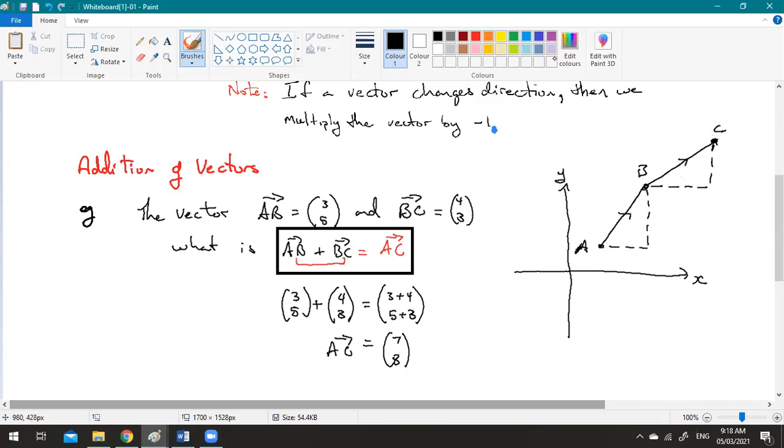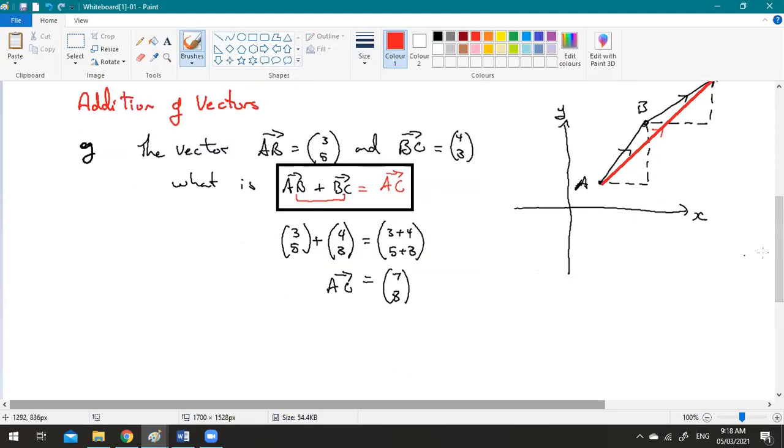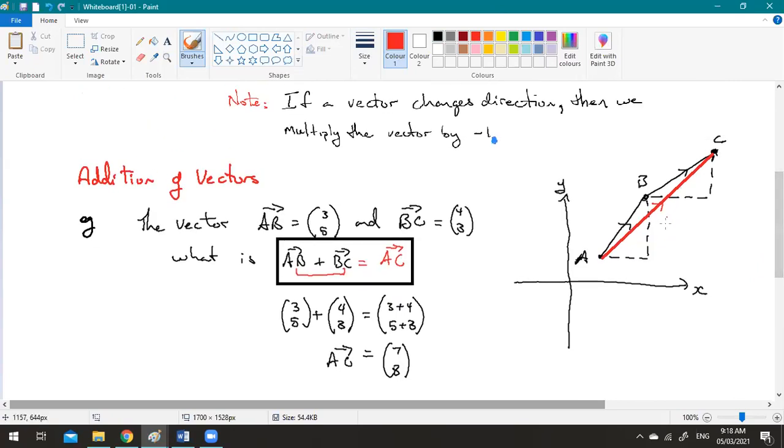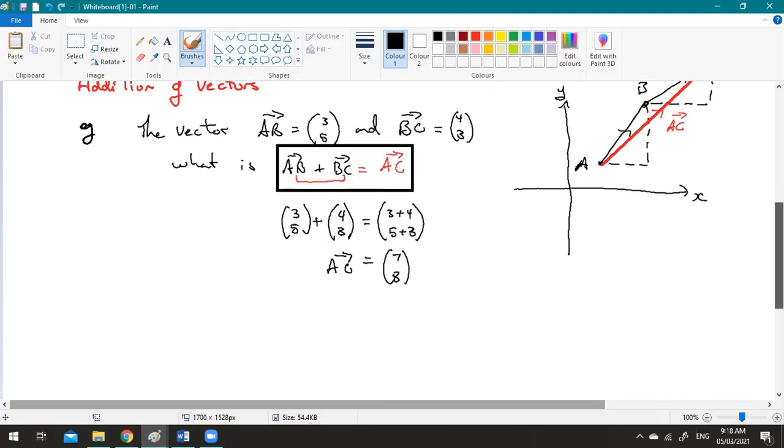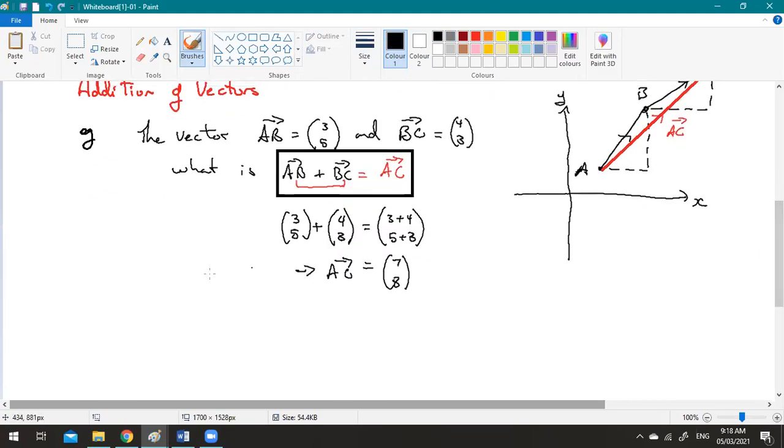Now when you add vectors, the answer we get is called the resultant vector. So basically what they're asking us to find is the vector from A to C. This is called a resultant vector.